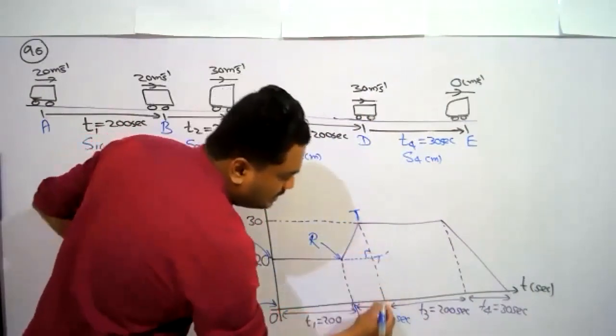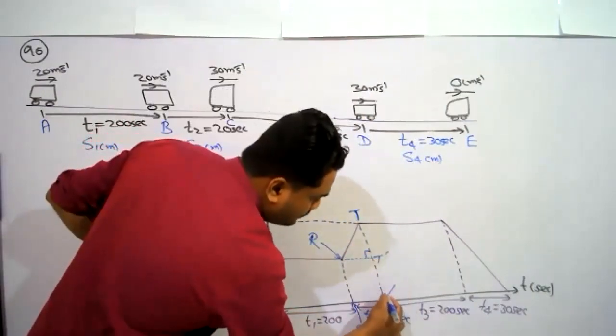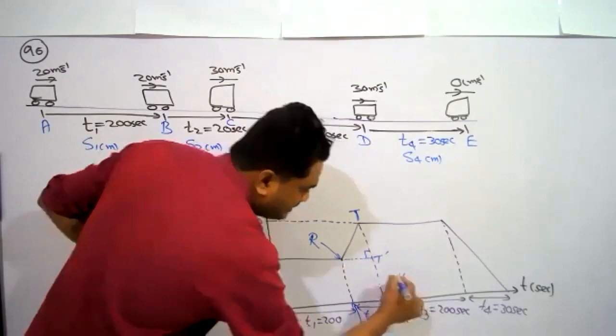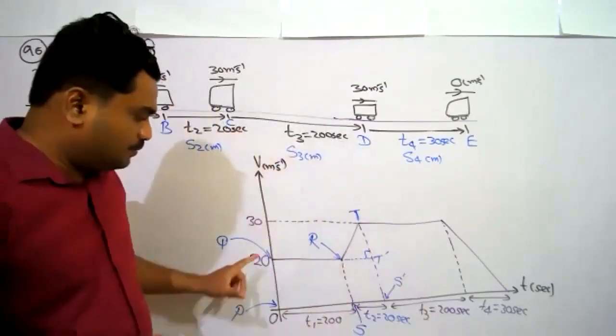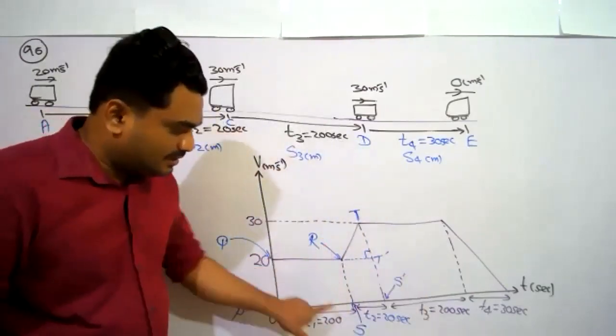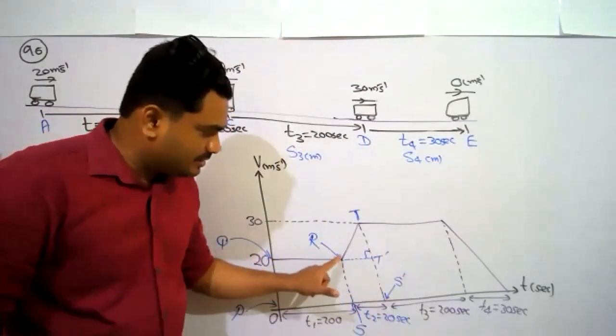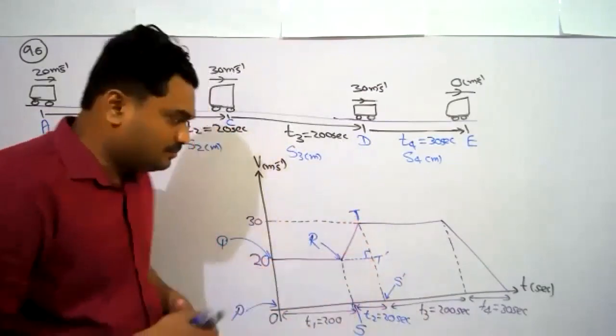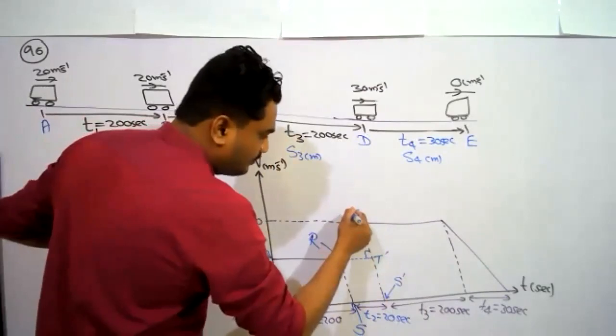R T dash. And here, let me mark this point as S dash. Can you understand? P, Q, R, S dash, T dash. Mark them here.